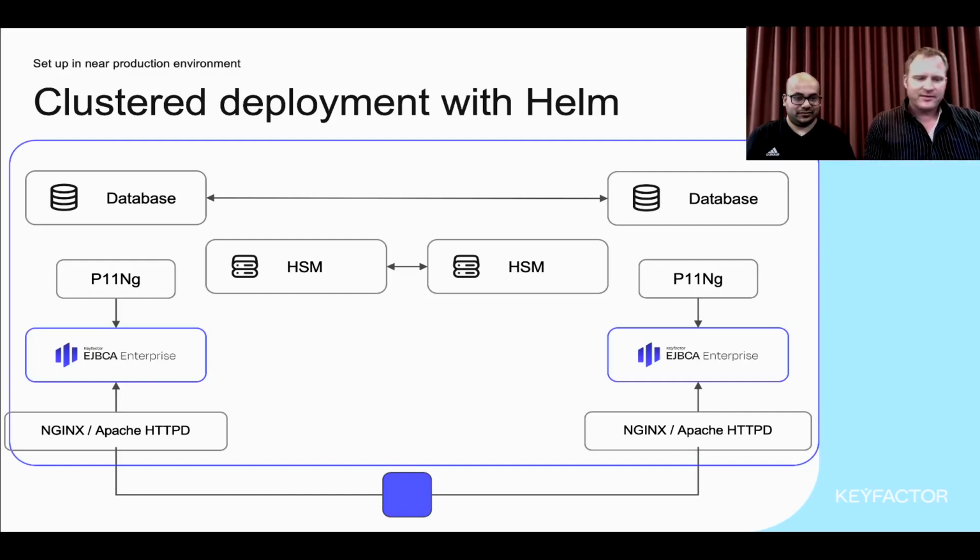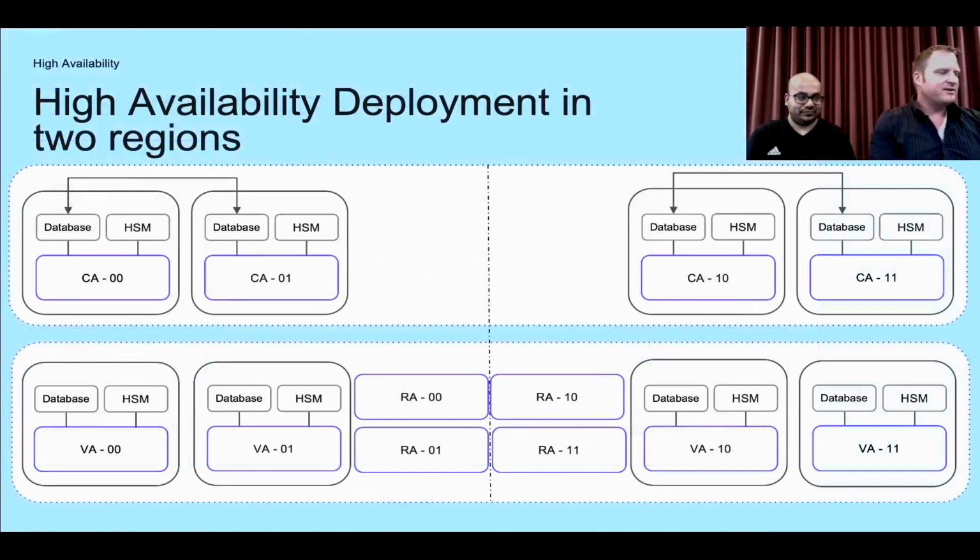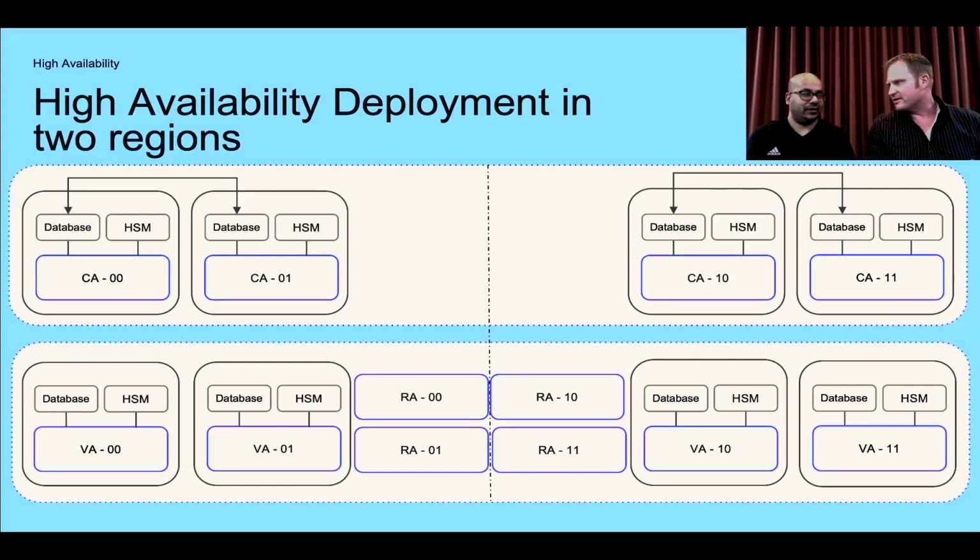All right, let's hop into what the deployment looks like in a high availability region now. What do we have here on this diagram, Tanmay? So the rule of the game is high availability. Of course we are going for multiple instances for the CAs, VAs, and the RAs. We've got the role separation here now, where we've got the CA cluster, the VA clusters, and the RA cluster, so everything's separated.